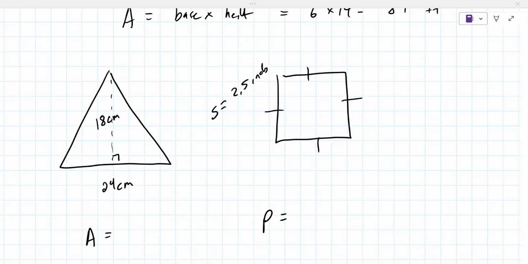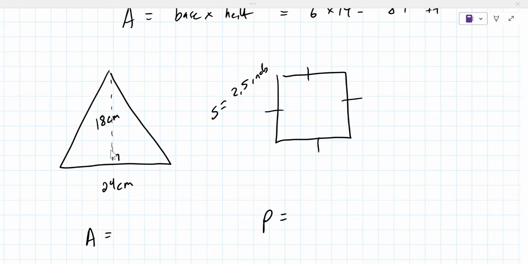Area equals 18 times 24, divided by 2. 216 centimeters squared.